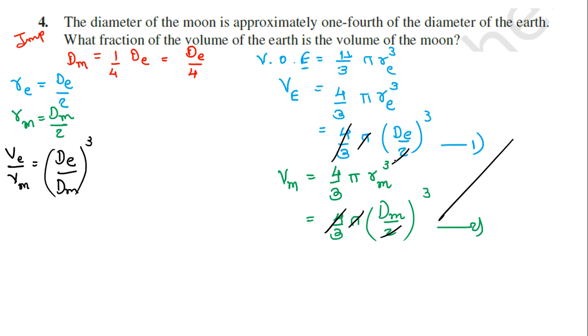The denominators are also the same, 2 and 2. The denominator of the denominator will go to the numerator, so again 2 and 2 will cut. So de cube upon dm cube, and I have written it as (de by dm) overall cube.